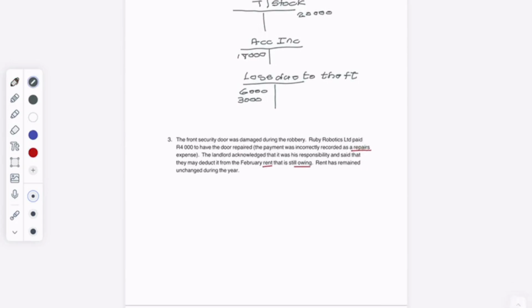Let's do our ledger accounts. We've got rent expense. We've got an accrued expense for the rent owing. And we've got repairs.